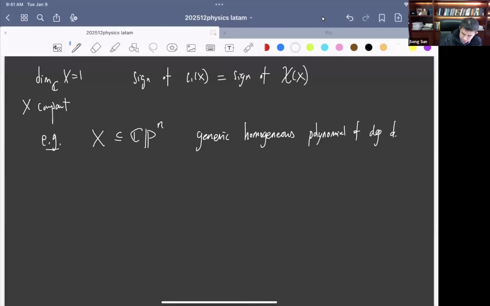So X is smooth, and then the first Chern class of X is positive if d is smaller than n plus 1, c1 of X equals 0 if d equals n plus 1, and c1 of X is smaller than 0 if d is bigger than n plus 1.